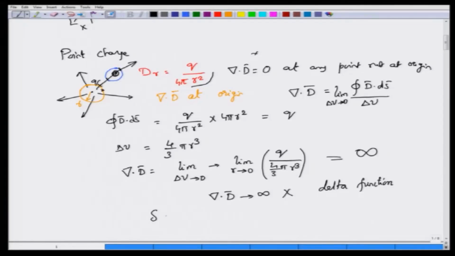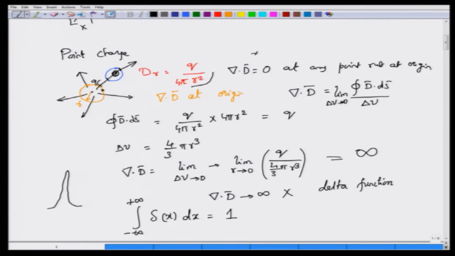Formally, you define the delta function at any point, say x, as this quantity. Okay. So, when you integrate from minus infinity to plus infinity delta of x dx, it is equal to 1.